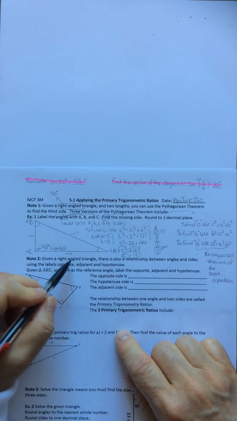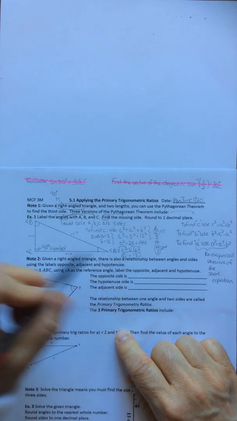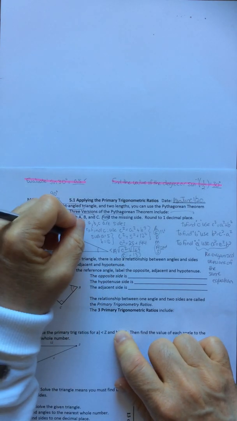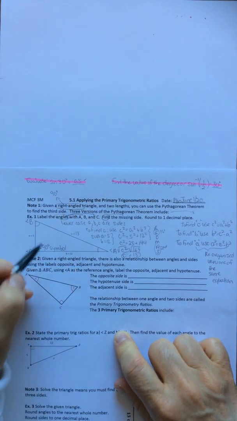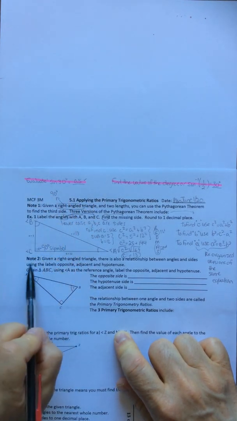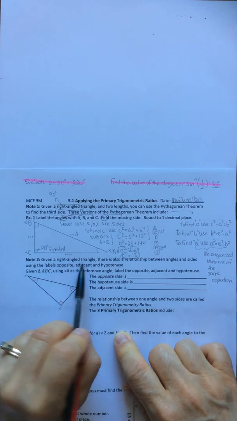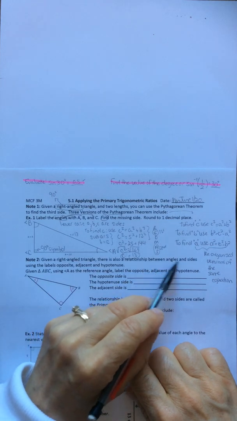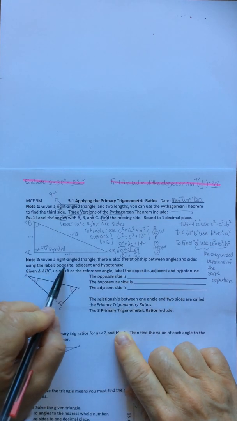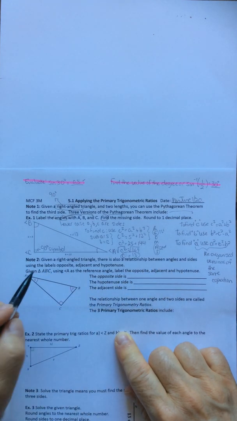All right, note number 2. Given a right-angled triangle, now I'm going to put 13. So I have all 3 sides. Note number 2. Given a right-angled triangle, we know that that's 90 degrees. There is also a relationship between angles and sides using the labels opposite, adjacent, and hypotenuse.